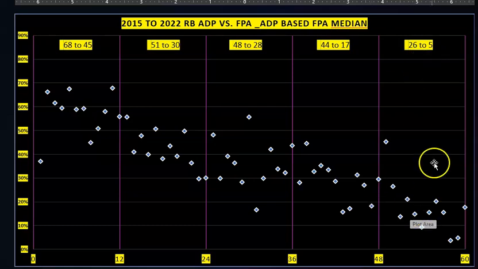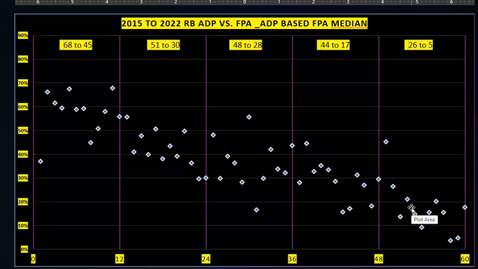It's all sadness. So you can kind of see the tiers. There's a lot more drop between sectors here than in wide receivers. It's a lot more smoother there.